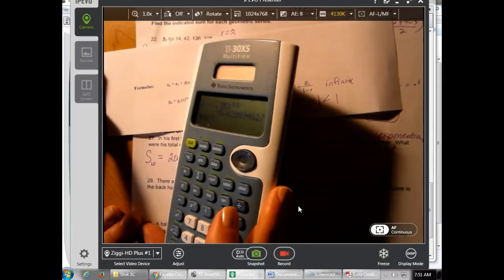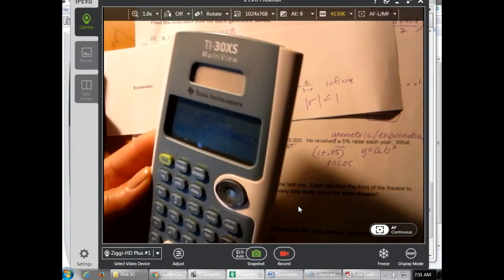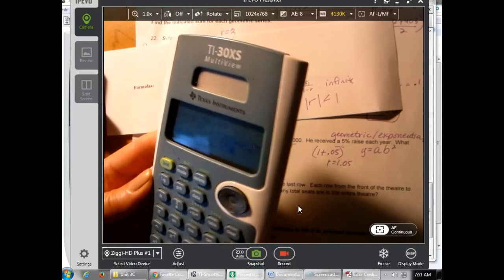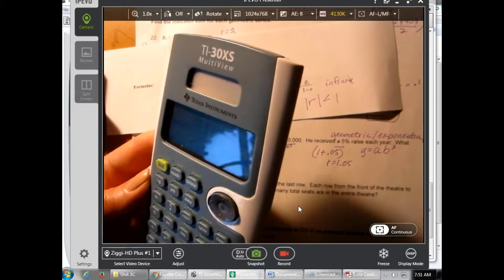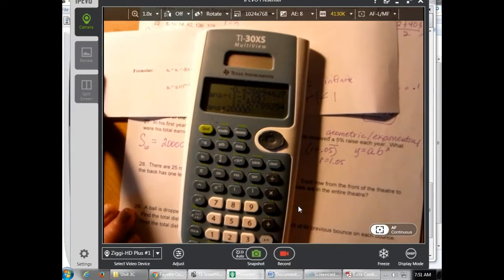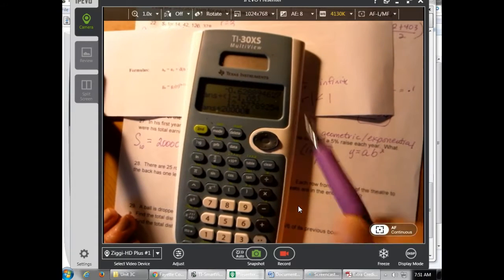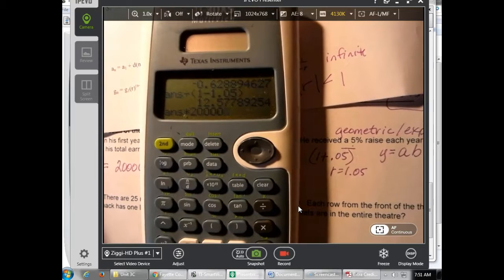So you just continue on and divide that by, in parentheses, 1 minus 1.05, get that value, and then you're going to multiply by 20,000. Oh, y'all can't really see what I'm doing there. Maybe you can see that. So that kind of shows you step by step what I'm doing in the calculator, if that's helpful.